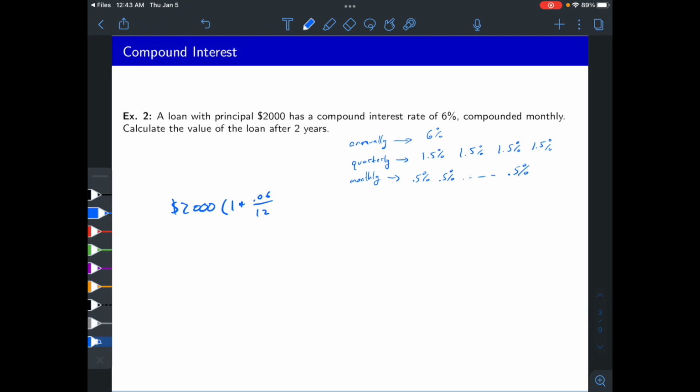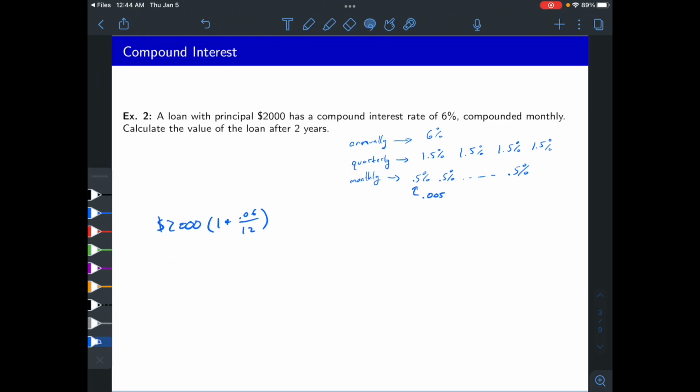So this is going to be our 0.5%. 0.5% is 0.005. Right. Okay, so we do 2,000 times, and this will end up being 1.005, but I'm going to leave it like this just for the sake of we're building up to a formula.